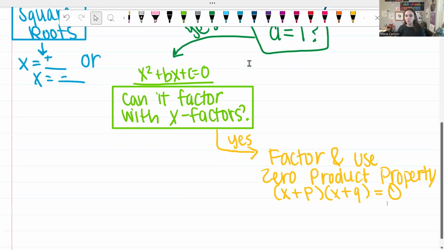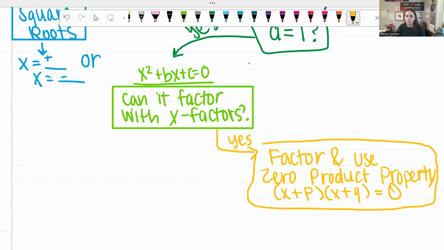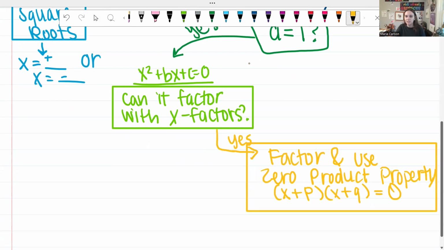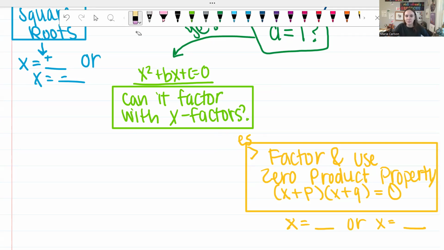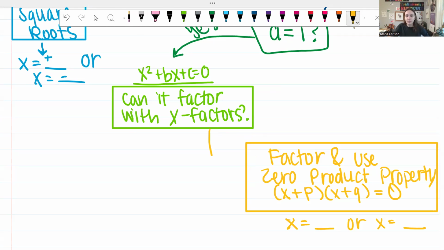That's the key. It has to be equal to 0. And then we can use the zero product property to get that x is equal to something, or x is equal to some other number, right? Could have up to 2 solutions. Now that is if it is factorable, right?